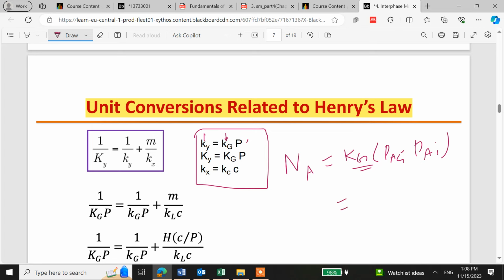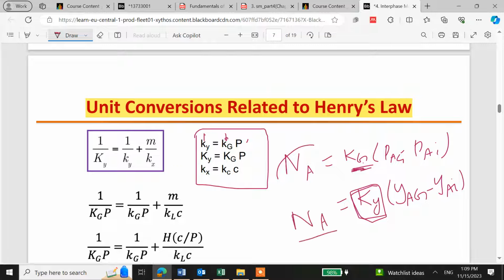In terms of small ky, it is (yAG minus yAI) times ky. This ky is not unitless; it is the same as flux, but kg is flux divided by pressure. So to get ky, you need to multiply kg with pressure.